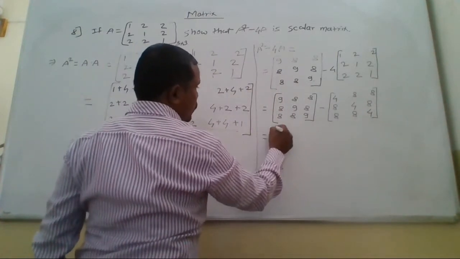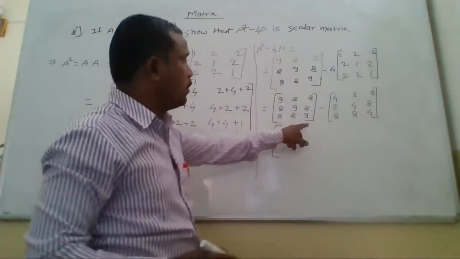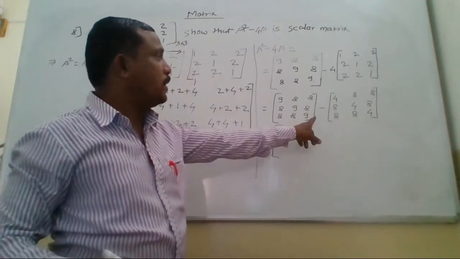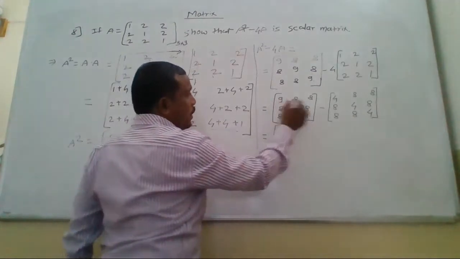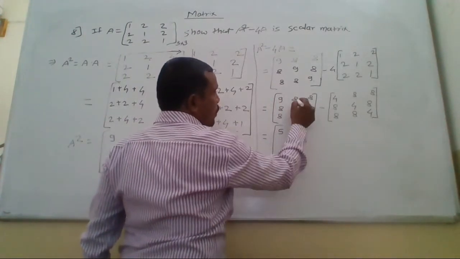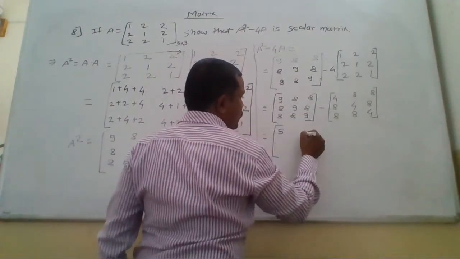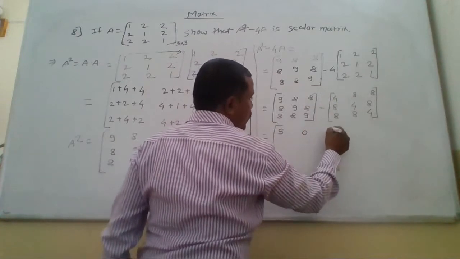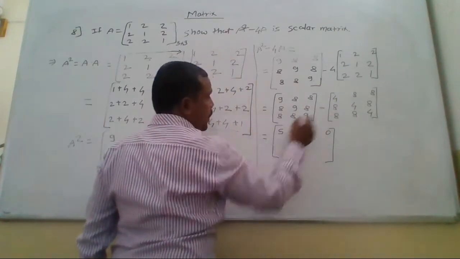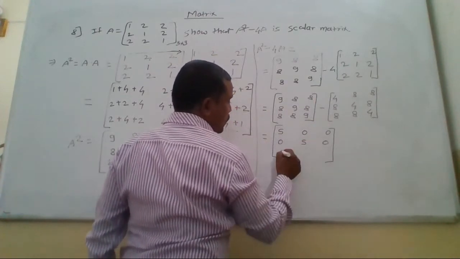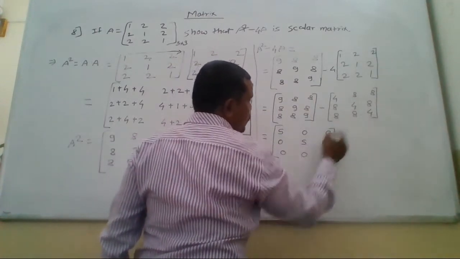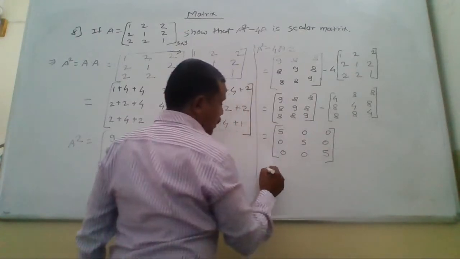Now subtraction of two matrices. Subtraction of two matrices requires both matrices to have the same order. Therefore 9 minus 4 is 5, 8 minus 8 is 0, 8 minus 8 again 0. Then 8 minus 8 is 0, 9 minus 4 is 5, 0, 0, 0, and 9 minus 4 is 5 again.